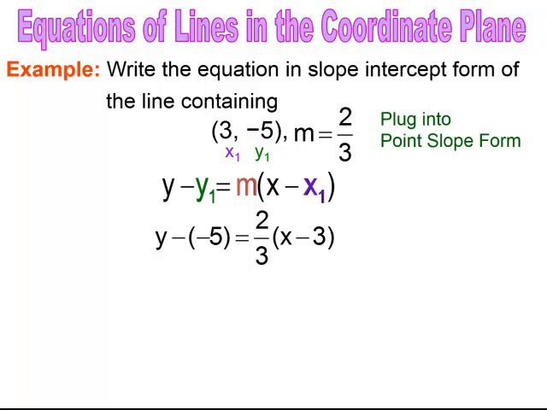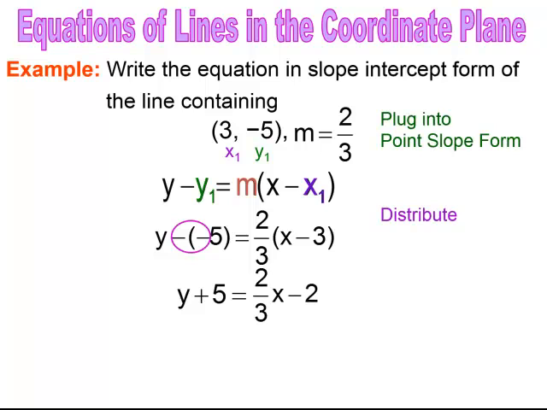So now when you're solving for y, you have to notice that when you have a -y1, you're going to have a double negative, and that's going to change to a plus. So you end up with y plus 5, and then you're going to have to do the distributive property in order to solve for y, and you have a fraction on the outside.